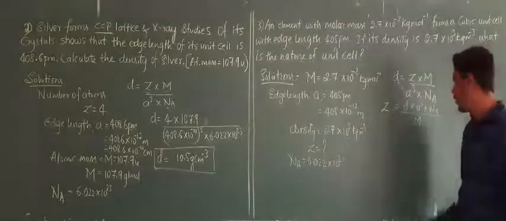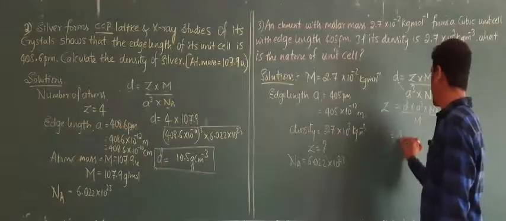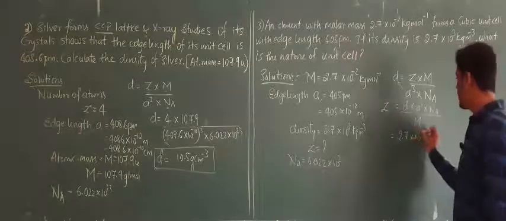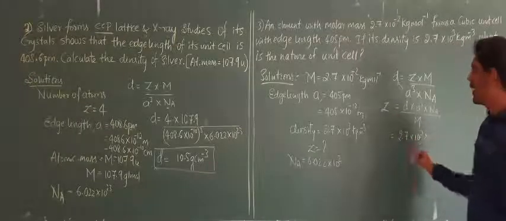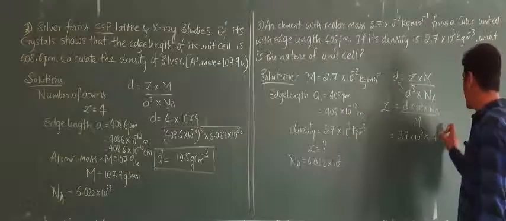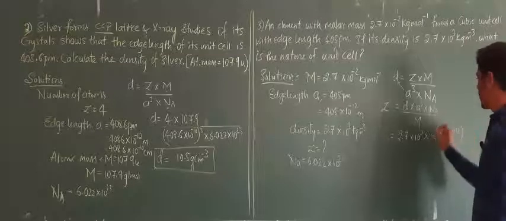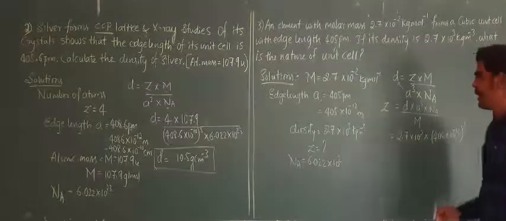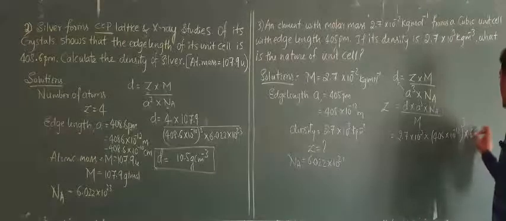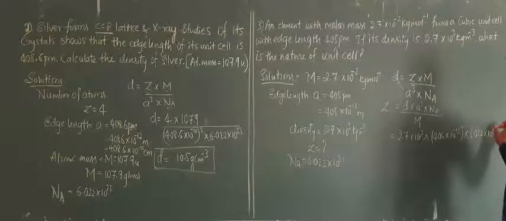Okay. Now D is how much? Density 2.7 into 10 raised to 3 kg per cubic meter into A cube. A is 405 into 10 raised to minus 12 meter, that is cube. Into Na, which is 6.022 into 10 raised to 23.